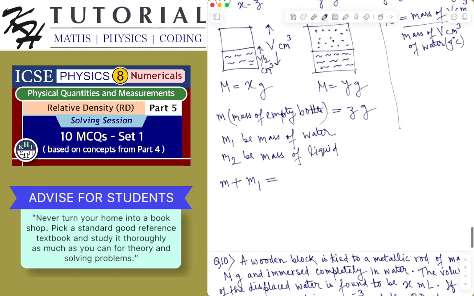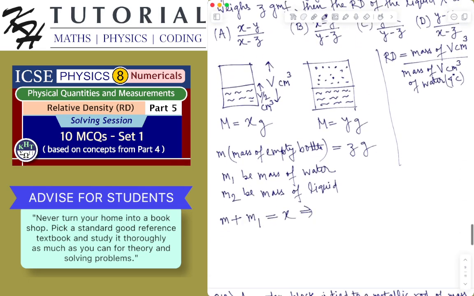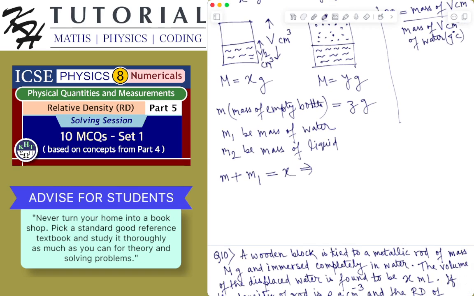So m plus m1 is x. So clearly we see that m1, the mass of the water, is x minus m.